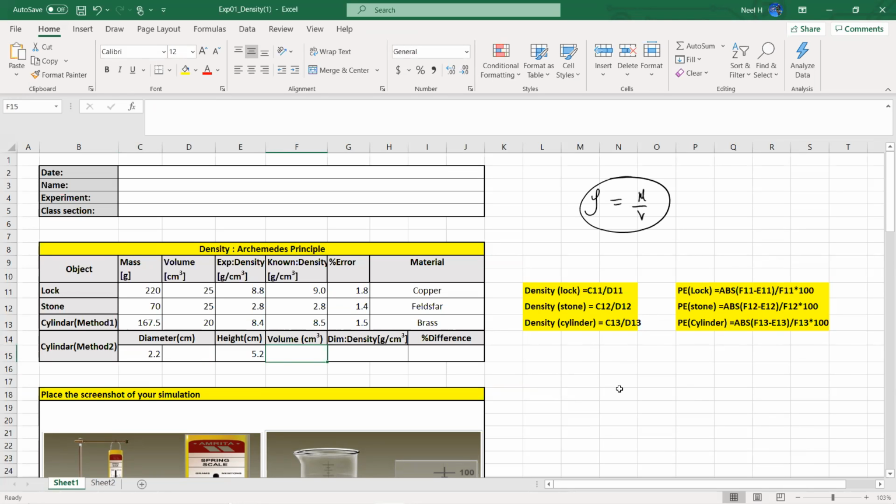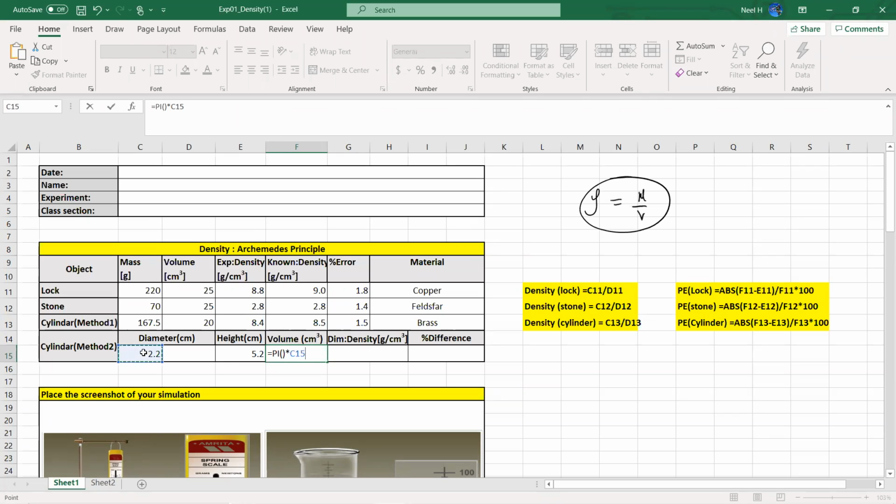Okay, since we know the formula, we just need to write it down. Equal sign, PI, open and close bracket, because pi has a lot of decimal places. If you do that, it's going to read all the decimal places, okay? Otherwise, the number is close to 3.14. Multiply by diameter, which is cell C15.